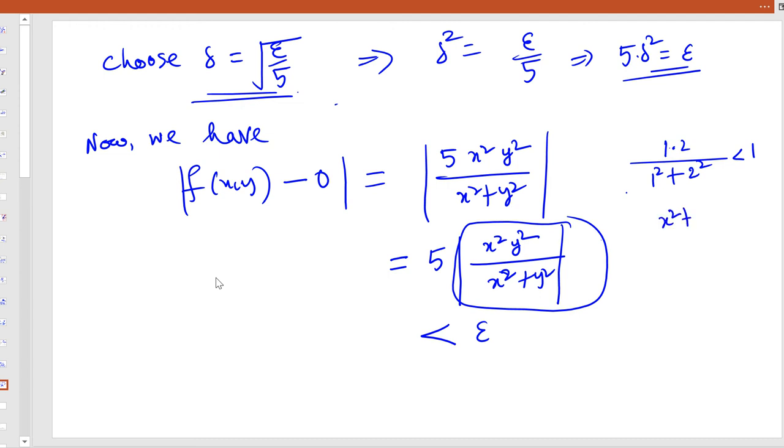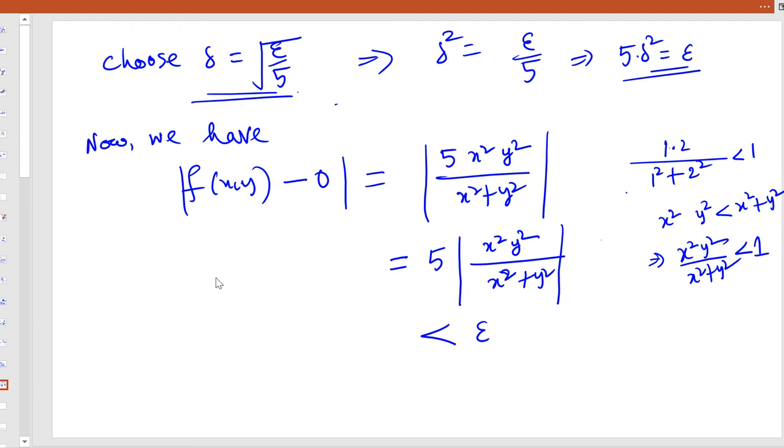So x square y square is less than x square plus y square. Then you can satisfy that x square y square divided by x square plus y square is less than 1.